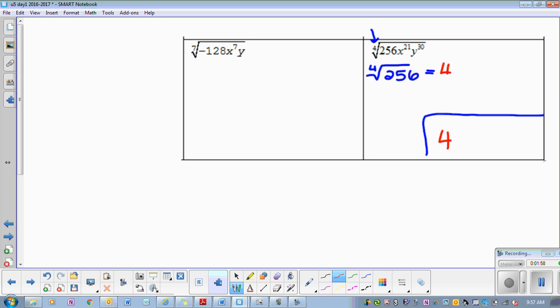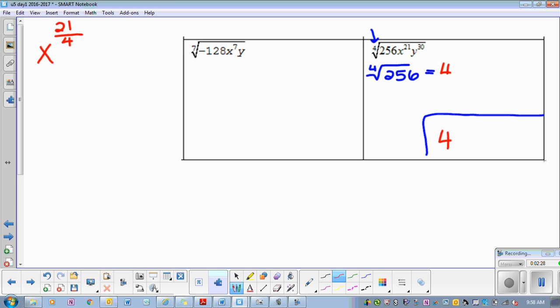Now let's look at x to the 21st power. Remember, power over root. So this is really x to the 21st over 4 power, right? If I put in 21 divided by 4 into my calculator, I get a decimal, right?